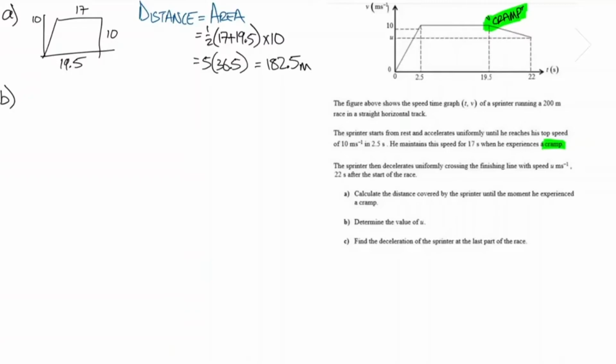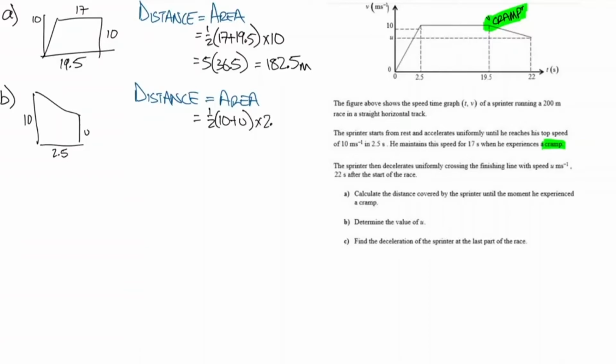So let's go again with another sketch, this time just the second part of the graph, and we'll set the distance equal to 17.5. So that original speed was 10. It slowed down until a speed of u, and we know that the time was 2.5. This is still a trapezium, just one that's been rotated. It's changed orientation.